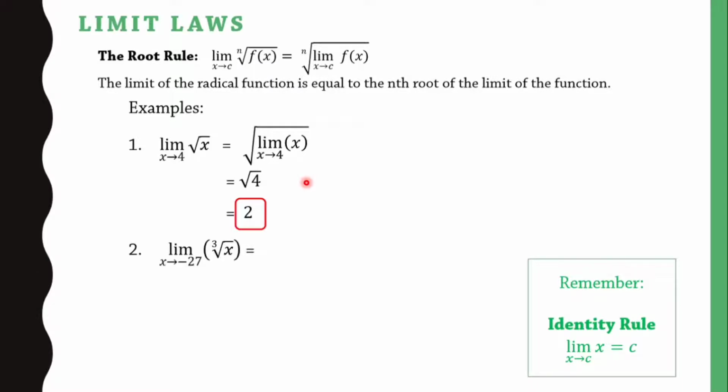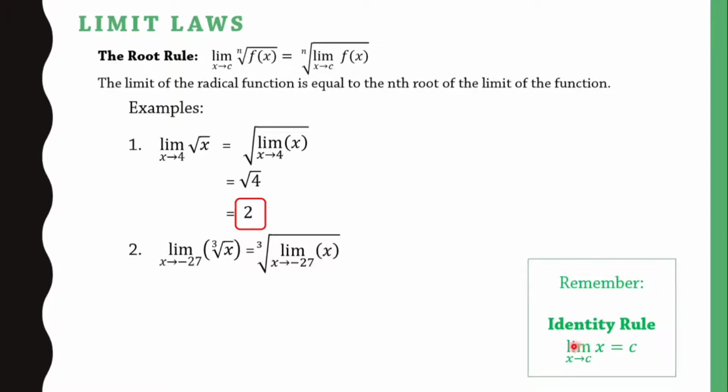Next example, we have the limit of cube root of x as x approaches negative 27. Again, instead of having the cube root of x, we will get the cube root of the limit of x. So that's the cube root of the limit of x as x approaches negative 27.